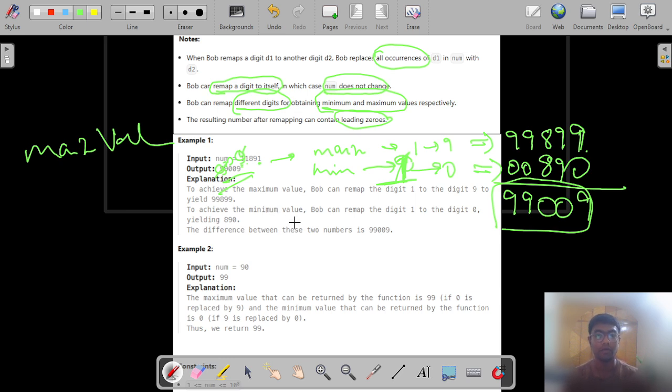That is something to keep in mind. We will directly go to our Leetcode editor and try solving this problem.